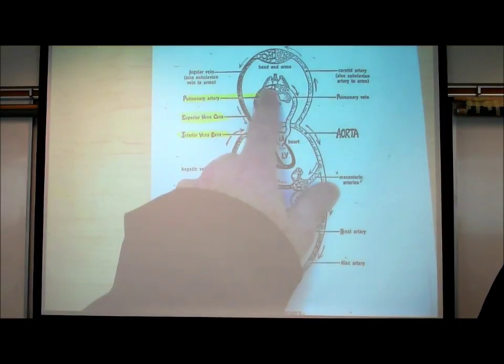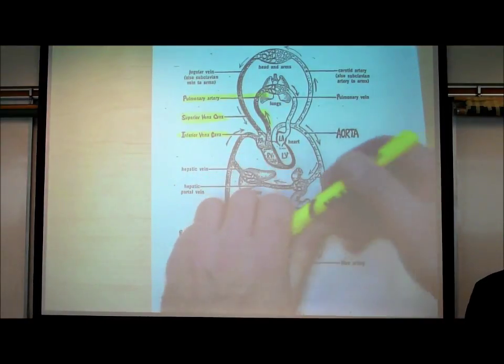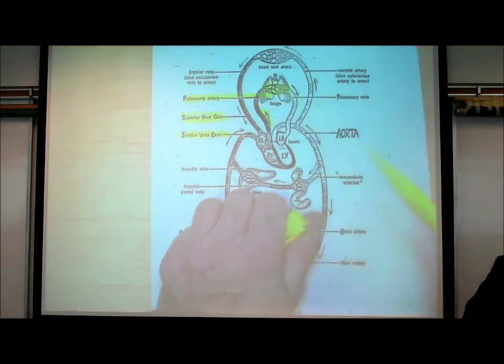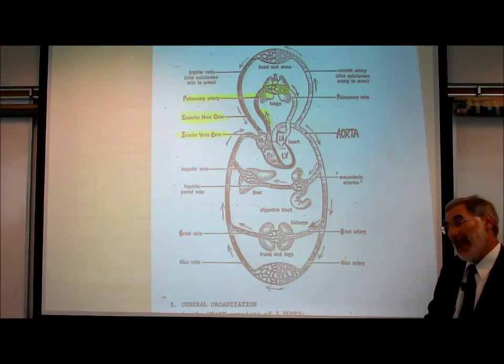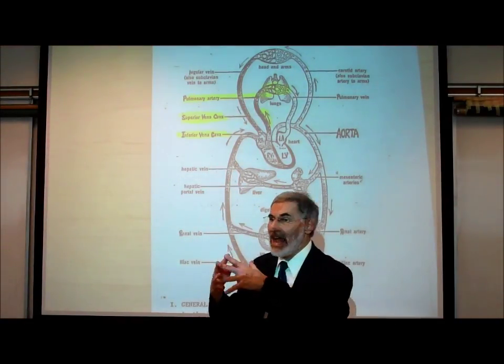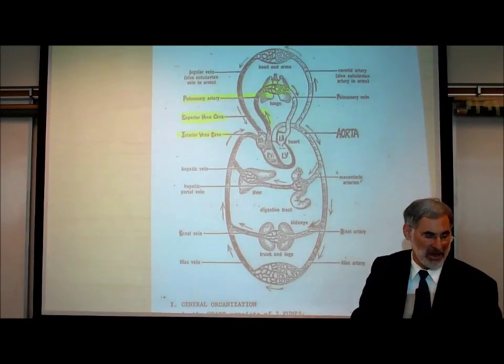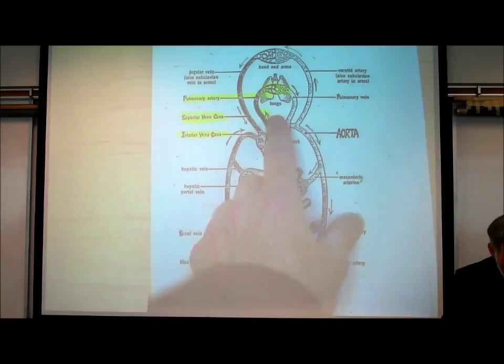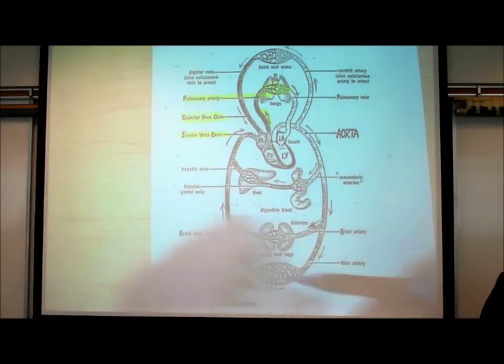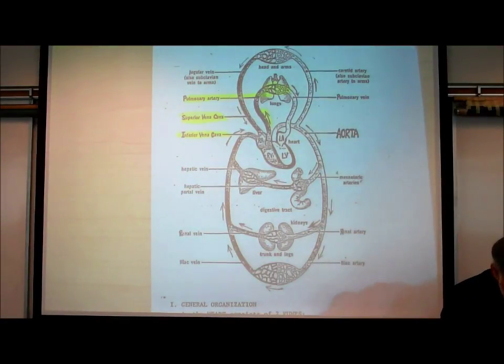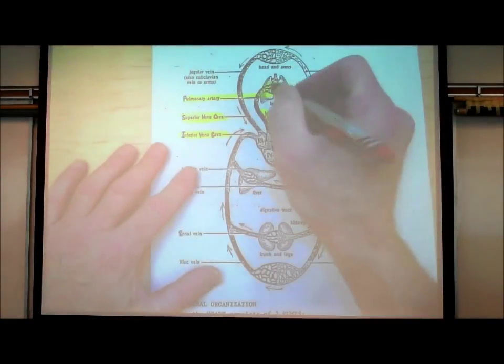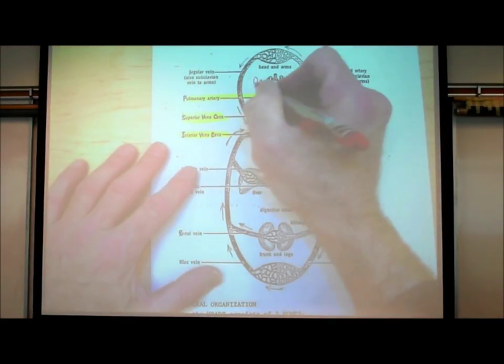As the blood flows through these pulmonary capillaries, this is the pulmonary capillary bed. We learned last class meeting on N2 that a capillary bed is an anastomotic network, an interconnecting network of capillaries. So as the blood flows through these pulmonary capillaries, it gains oxygen and it gets rid of CO2.